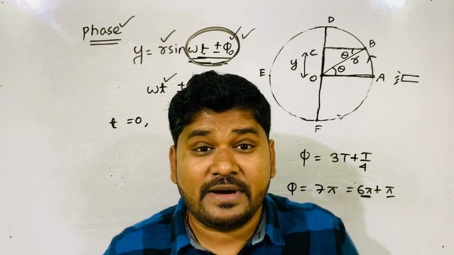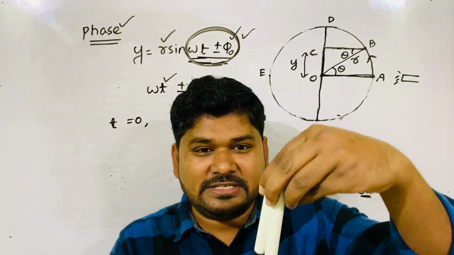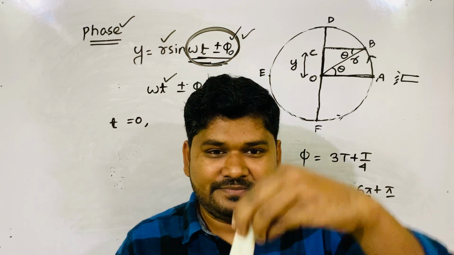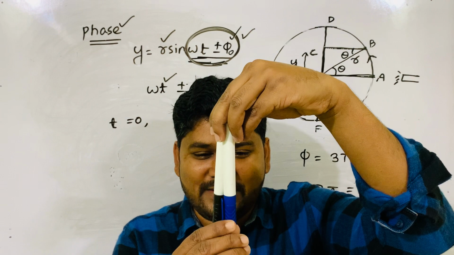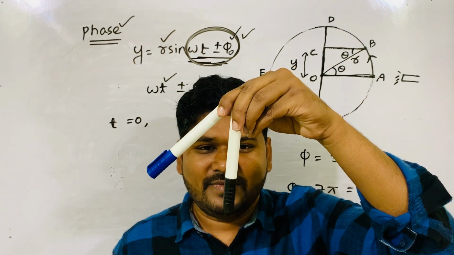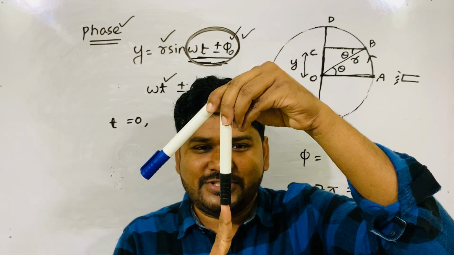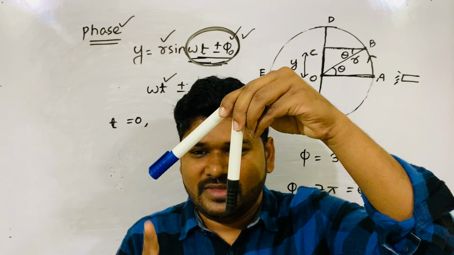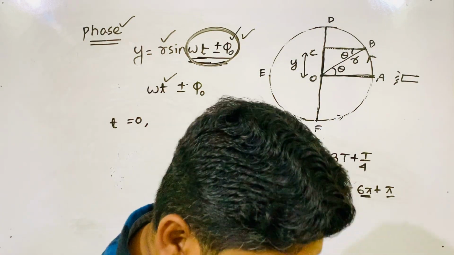They oscillate simultaneously. What is the phase difference between them? Phase difference, another word comes. Phase difference is 0 between them. But suppose one body, the black marker, is here, and the blue one is here when you start the stopwatch. This is at 0 phase, but this is at pi by 2 phase.